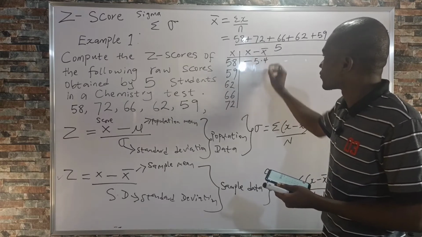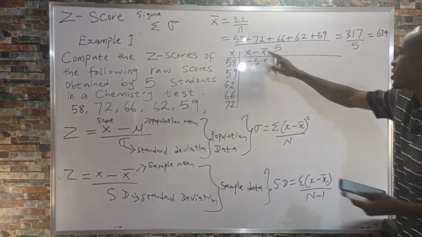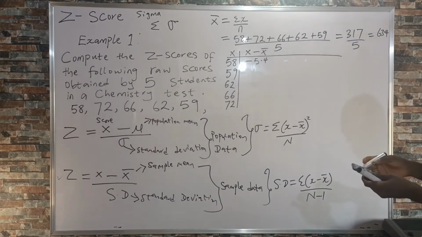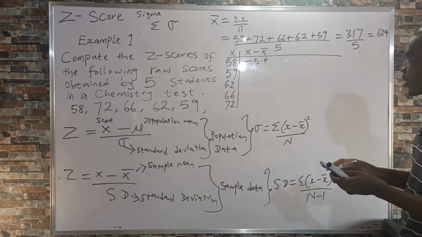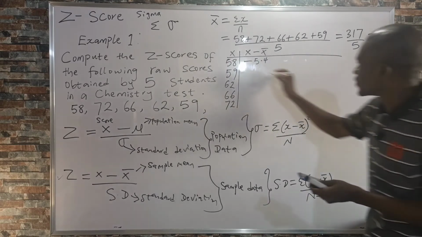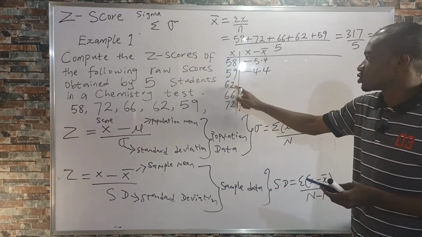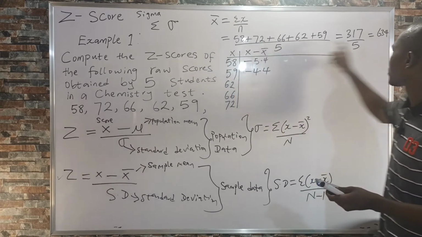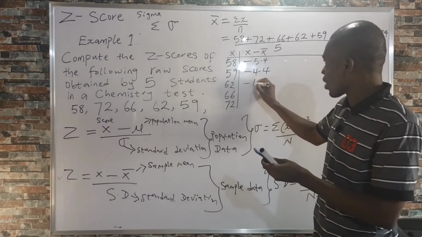Then the next x is 59, minus our mean, 63.4. So I have 59 minus 63.4, which gives negative 4.4. The next x is 62. So 62 minus 63.4 gives negative 1.4.